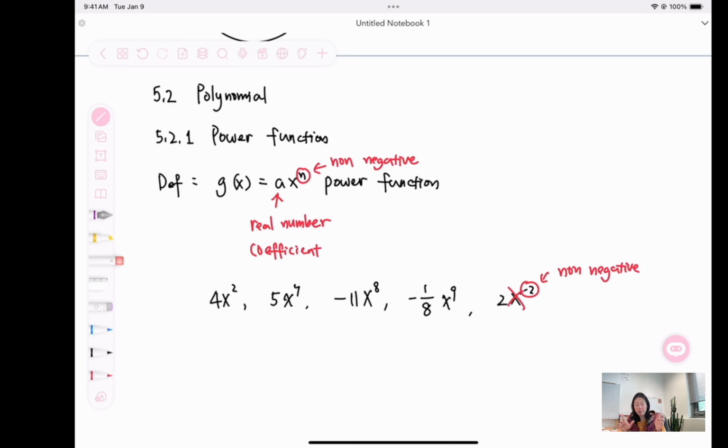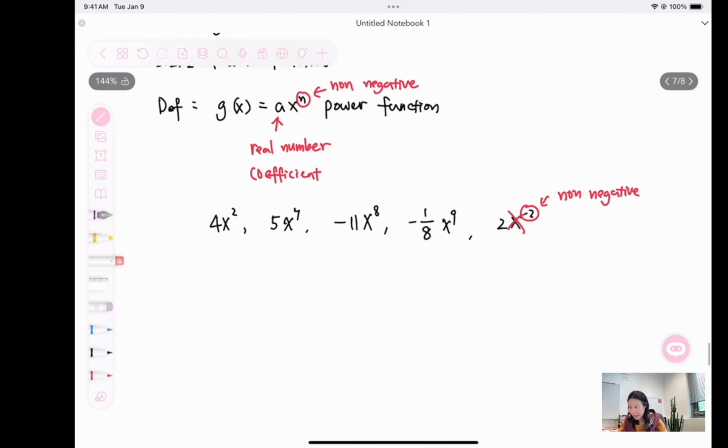That means the end behavior, which is the long run behavior. What does that mean? It means the end of the function.